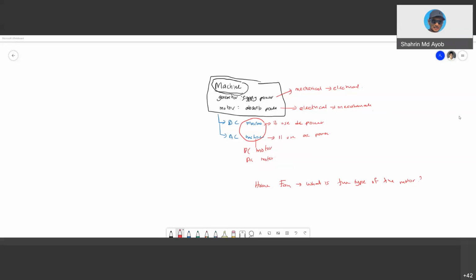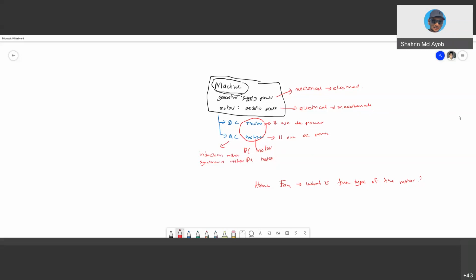Under AC motor, we have induction motor, synchronous motor, and so on. It's okay if you haven't known this, but it is inside your slides, so no need to worry about it.